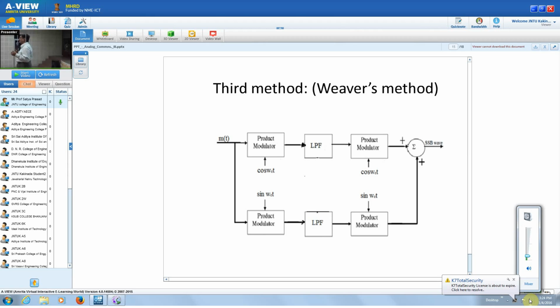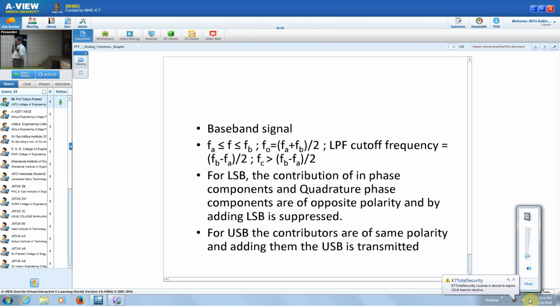Then we have seen how to generate the signal, by the phase discrimination method or the third method. In the phase discrimination method, the component may be difficult.